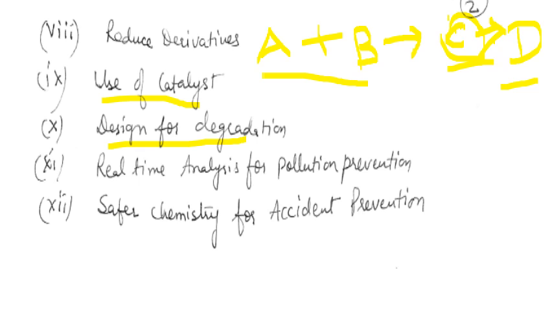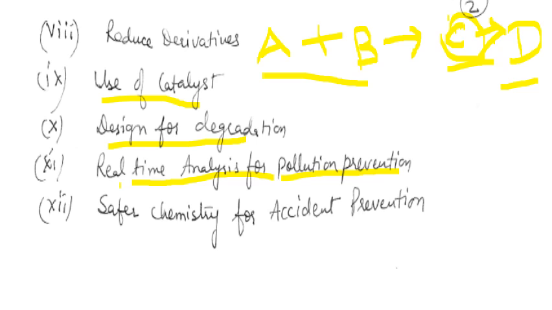Degradation means it should be environment friendly, of biodegradable nature. So such kind of design should be preferred so that degradation can easily occur. The next principle is real-time analysis for pollution prevention.